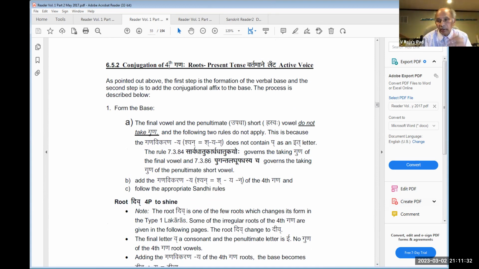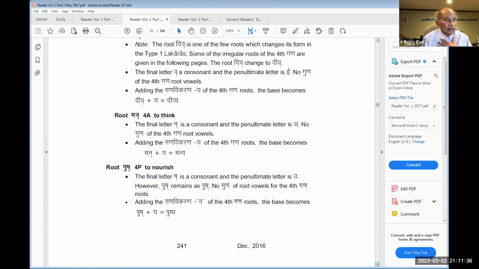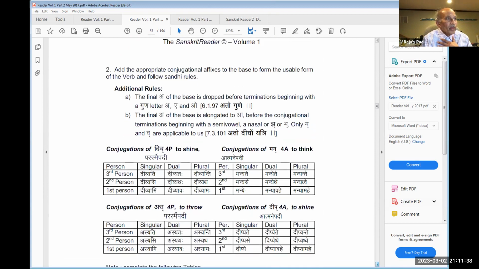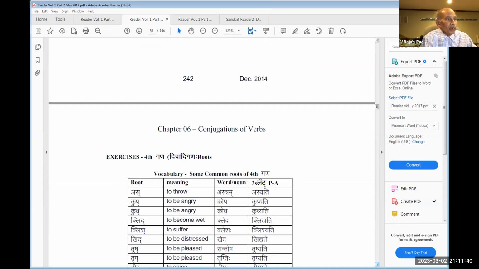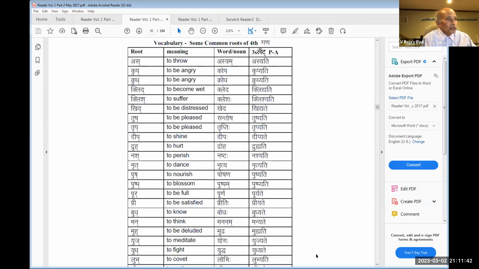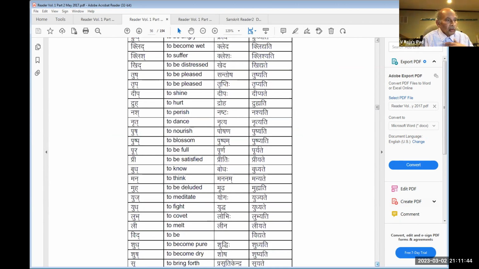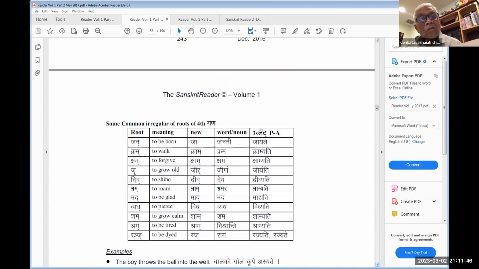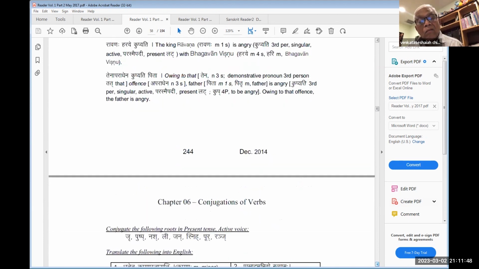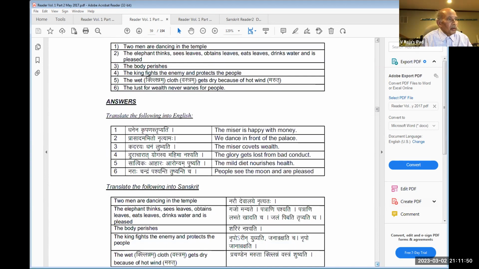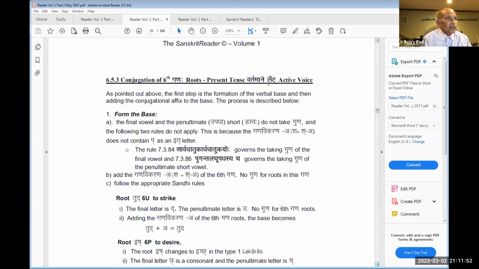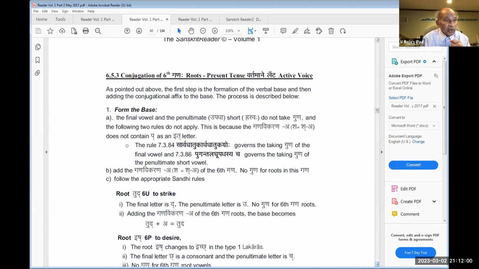The rest is exactly the same. Same thing with the sixth gana. A lot of roots are given. You do the 1st, 4th, and 6th ganas, and the 10th gana is given, because that's another one.